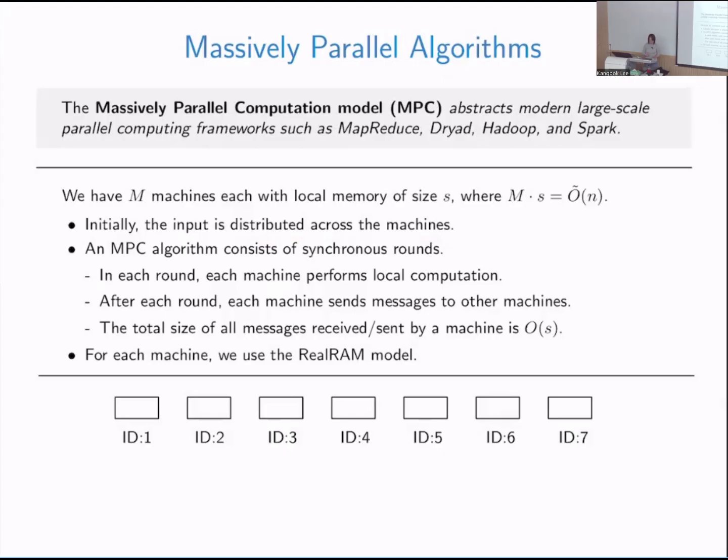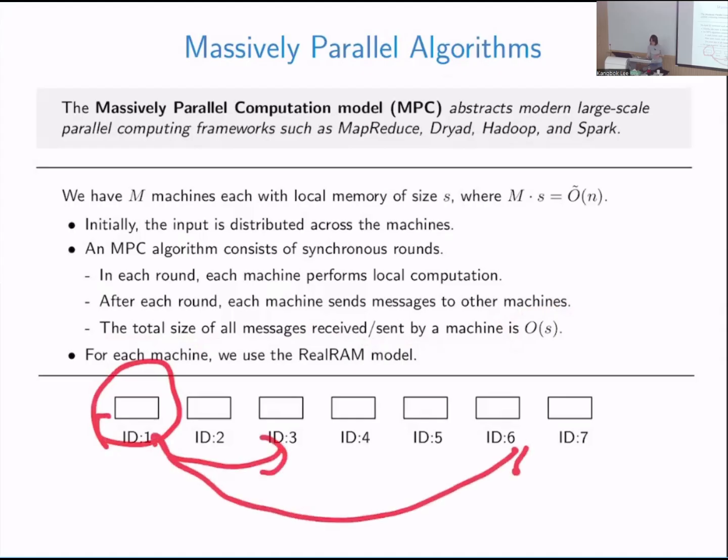More precisely, each machine sends messages to other machines. Here a critical constraint is that the total size of all messages received or sent by a machine is order of S. So at the end of each round, this machine can send messages to some other machines, but the total size sent by this machine is order of S. Here S is the size of the local memory space.